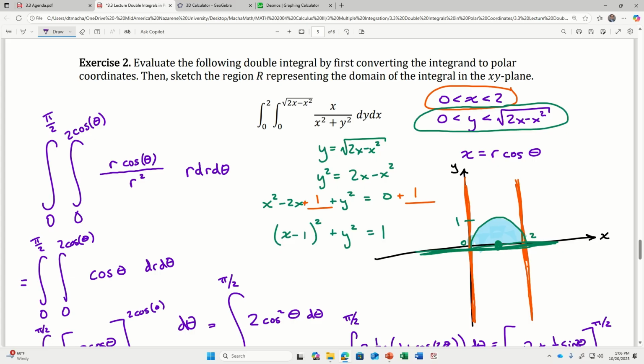The hard part might have been sketching the region in the plane, because we had to think through that upper bound on y and do the whole completing the square thing to come up with an equation for the circle. That's not super obvious. And the other part that was not super obvious is how to come up with the lower and upper bounds on theta and r.